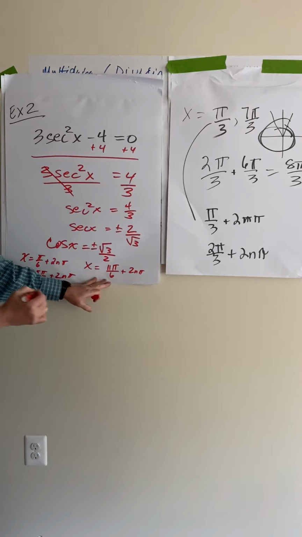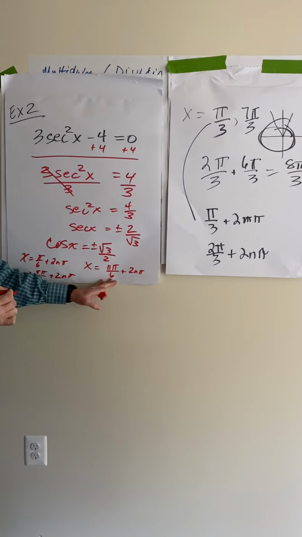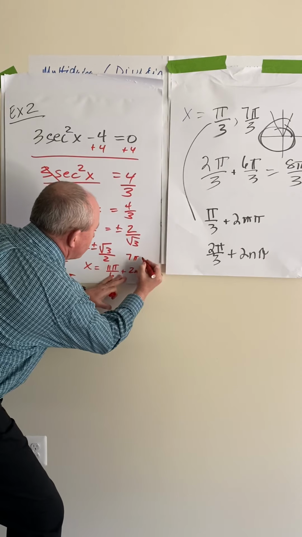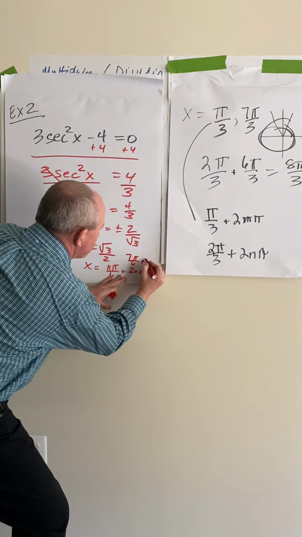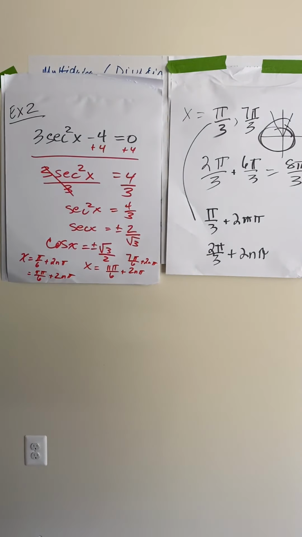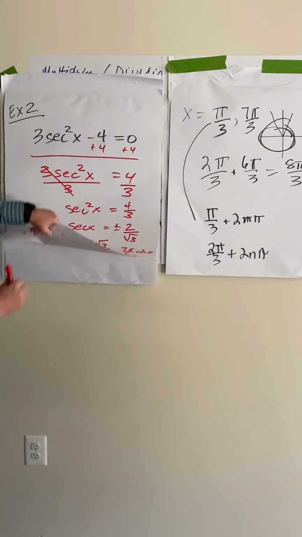And then the corresponding value in the third quadrant, 7 pi over 6 plus 2n pi. All right, now what I'm going to do real quick is flip this over to say what all the answers are.